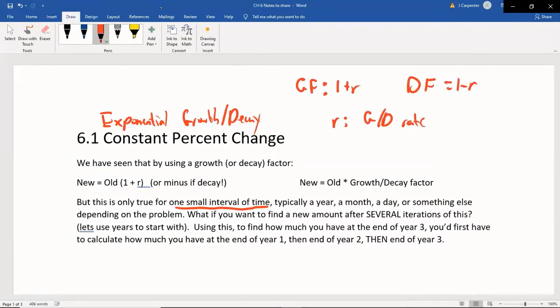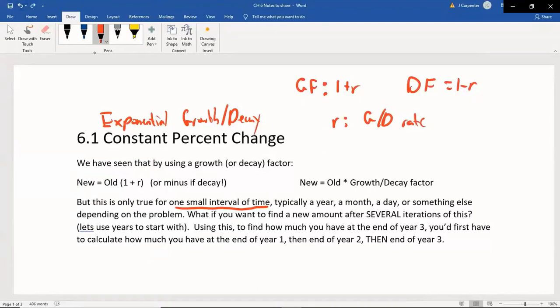So what happens if you want to find a new amount after several iterations? Let's say you put $10,000 in a bank account and you leave it there for 50 years and you want to mathematically figure out, well, how much do I have at year 50? Everything that I've just said relates to this new equals old times growth factor, but to find out how much you have at the end of year 50, you'd have to find what you have at year 49.